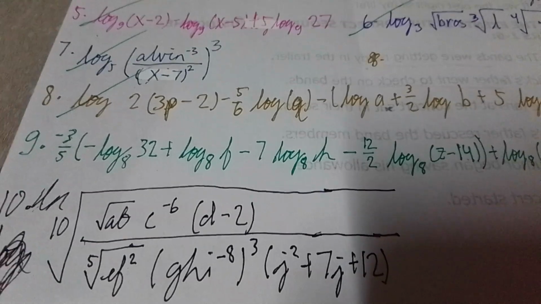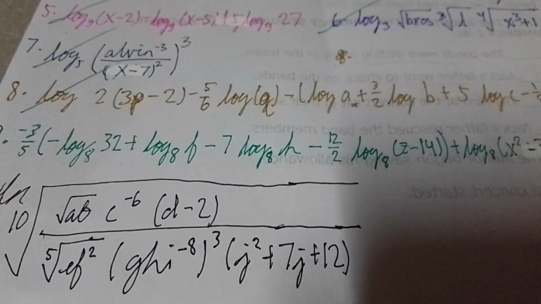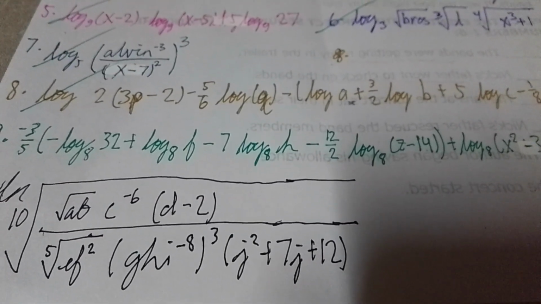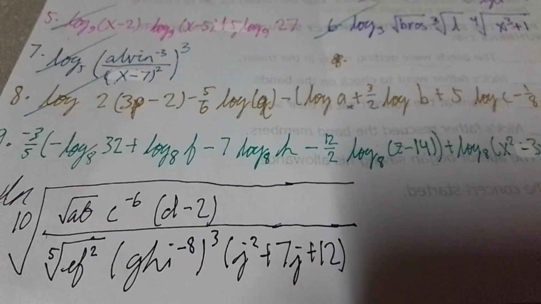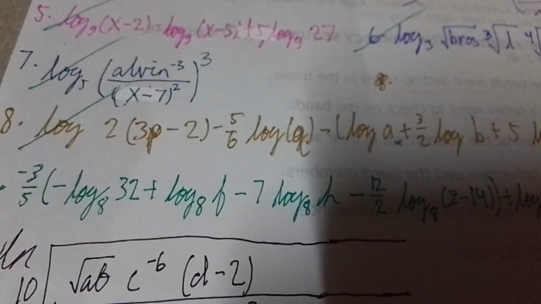Or if you like, you can put everything up there first. But I think that might take time. Or if you like, you can just condense the log first. Condense everything into one single log in this one. So therefore, you have negative 3/5 times log base 8 of 32.